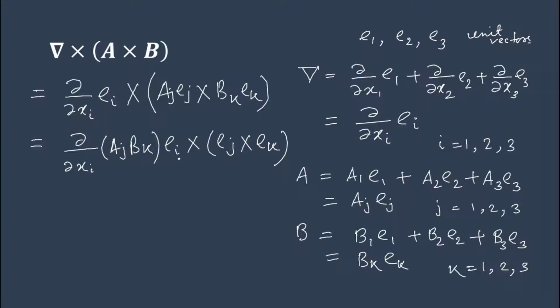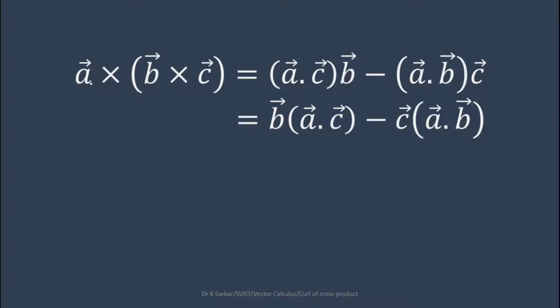Now we will apply the identity for ei cross ej cross ek. So here is A cross B cross C, which equals A dot C B minus A dot B C. If we take this in first position and C also in first position, then we will have the BAC minus CAB identity. So this identity we will apply there.